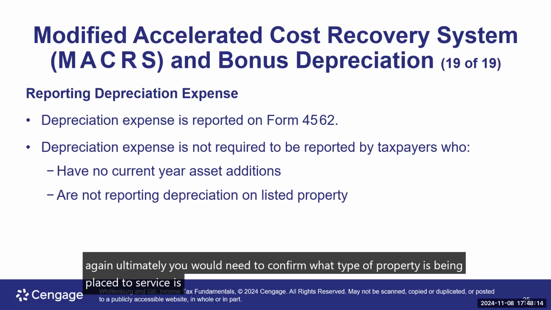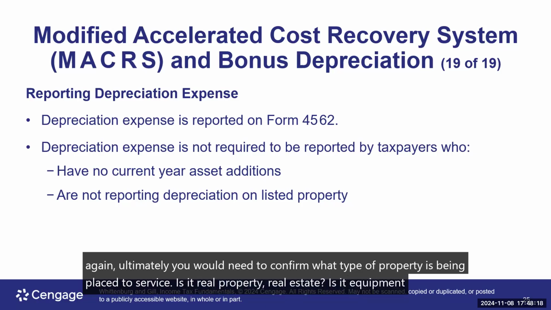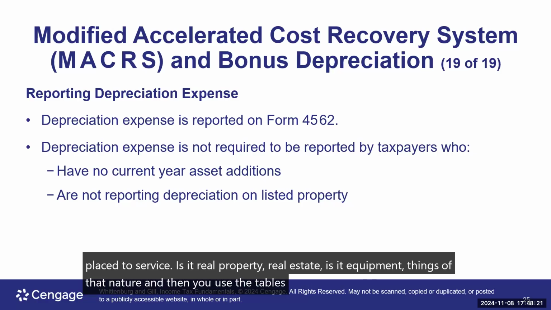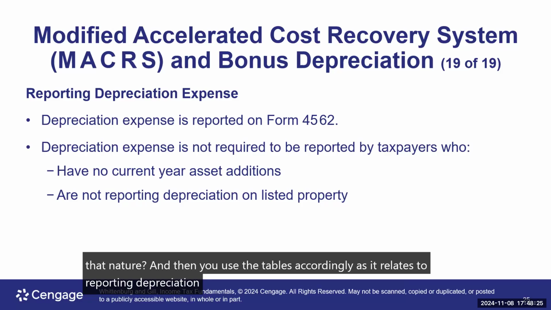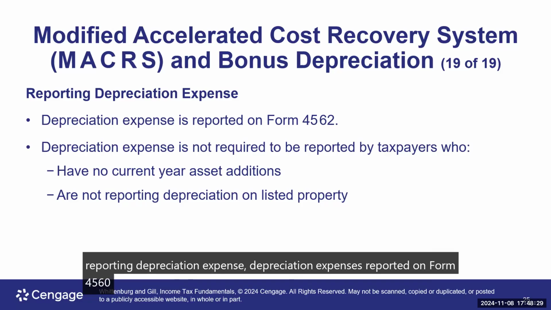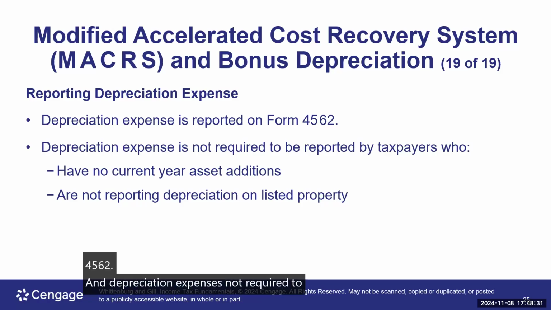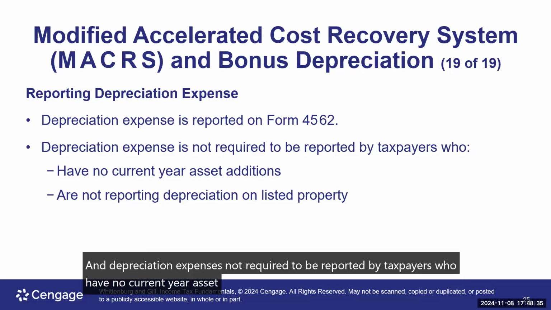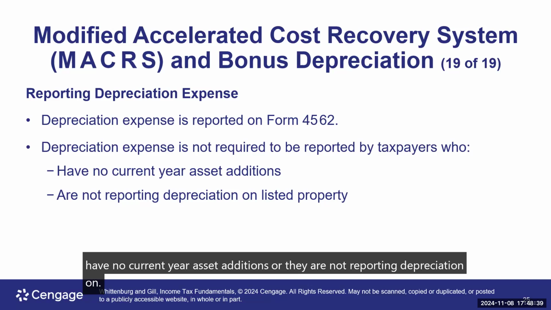Is it real property, real estate? Is it equipment, things of that nature? And then you use the tables accordingly. Depreciation expense is reported on Form 4562, and it is not required to be reported by taxpayers who have no current year asset additions or are not reporting depreciation on listed property.